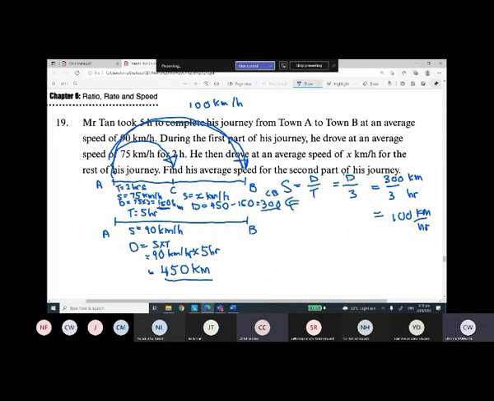Now do you understand this one? Now you know how I get 300. C to B is 300. I take the total 450, minus 150, I will have the remainder. The remainder is CB. This is 300. That's why I have the 300.